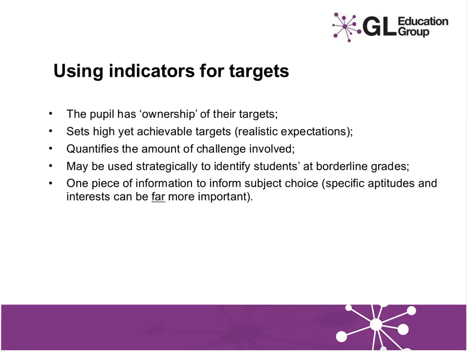And one piece of information to inform subject choice, of course, in reality, if you have chance graph data, so probability data, the aptitude and interest can be far more important in achieving what that pupil may well go on to achieve. So you can take different data and look at that whole picture. So it gives you a very robust foundation really to set indicator grades for pupils.